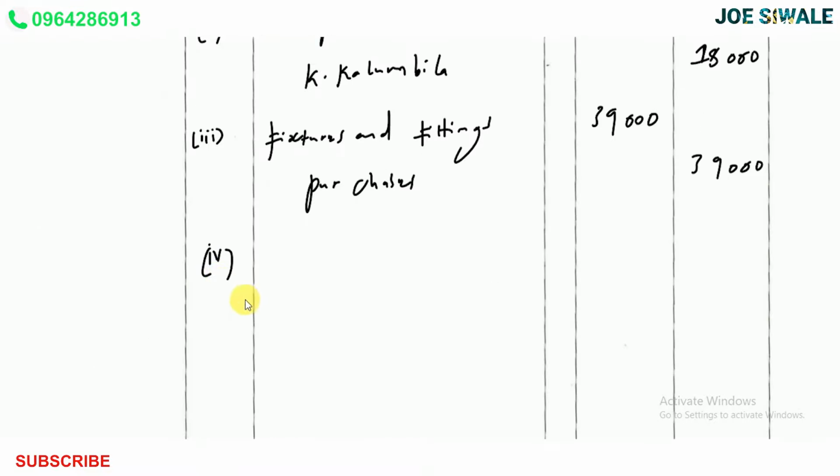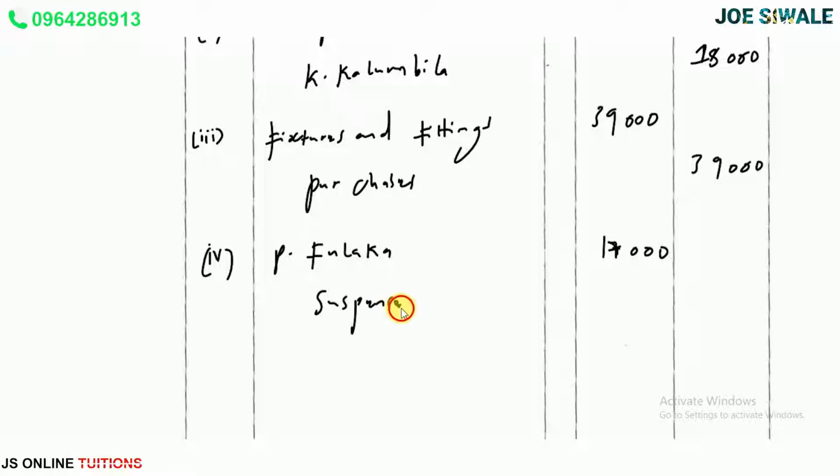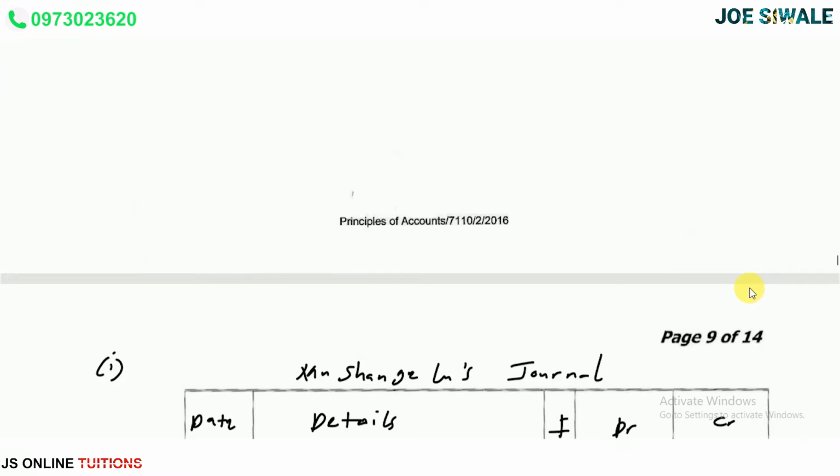So Roman numeral 4 there, we're going to have P Fulaka, 17,000. Then the suspense has 17,000. Let us look at the other transaction.